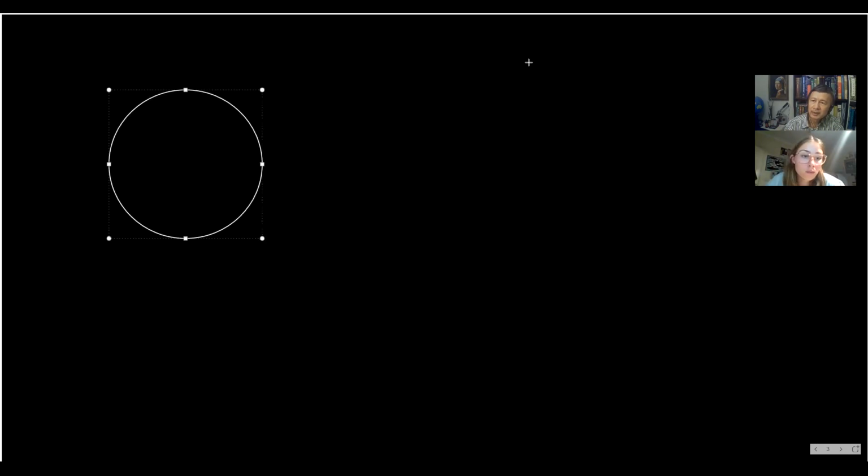So if this is the hydrogen atom, at the center will be the positively charged proton. And the electron will be in the orbit. Have you studied Bohr's model? Yeah. So that is the innermost orbit of the hydrogen atom.